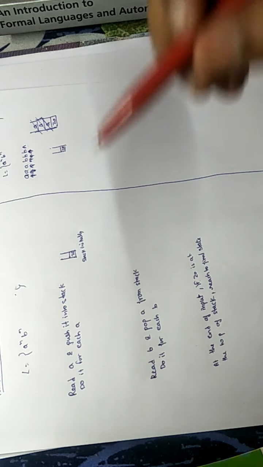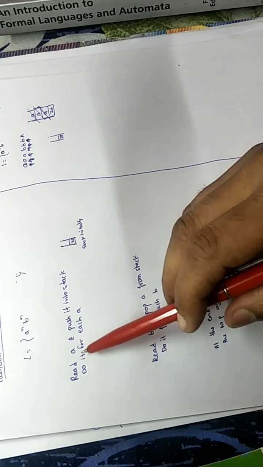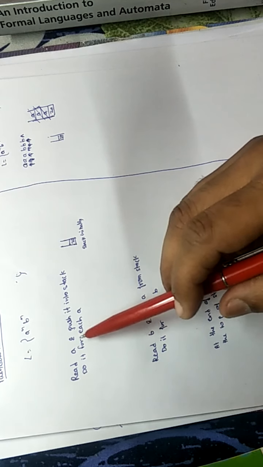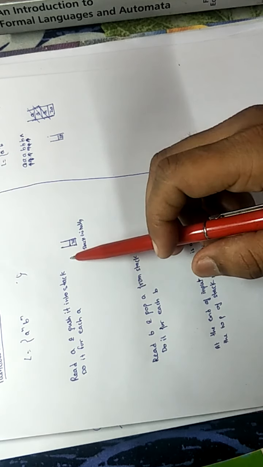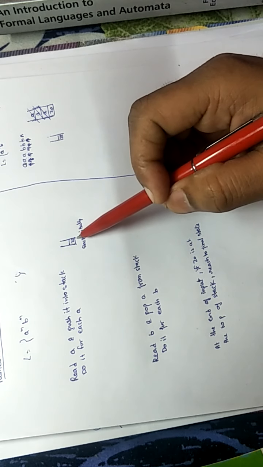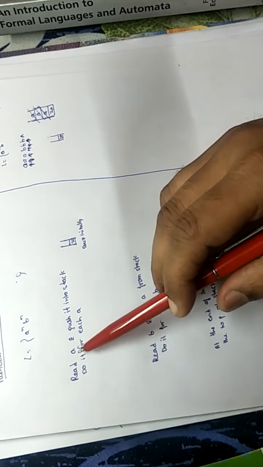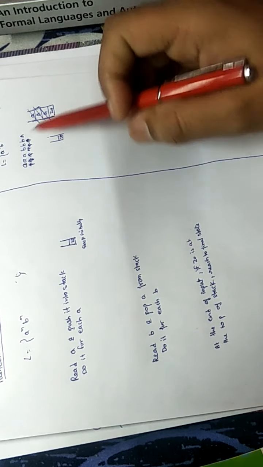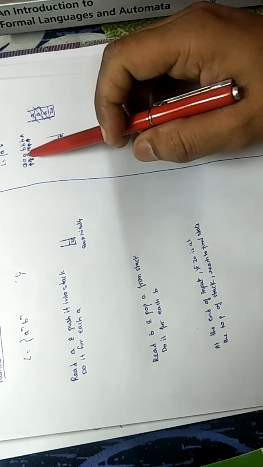So what we need to do, we have to read every A and push it into the stack. Stack initially has Z0 at the top. Now read A and push into the stack, read A, push, read A, push.